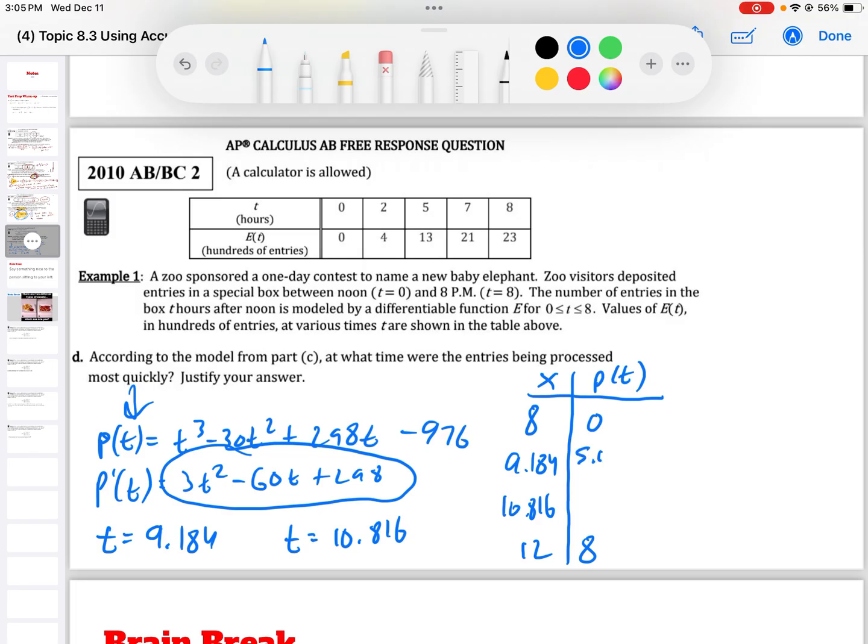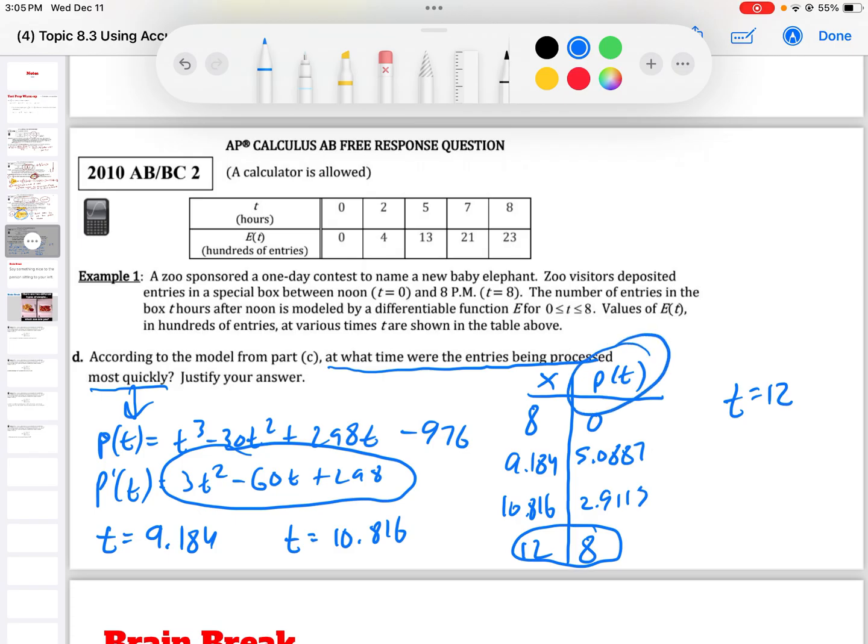And then I would plug in 12, and I got 8. I plugged in 9.184 and got 5.0887. Plugged in the 10.816, I got 2.9113. So it says, at what time are the entries being processed the most quickly?